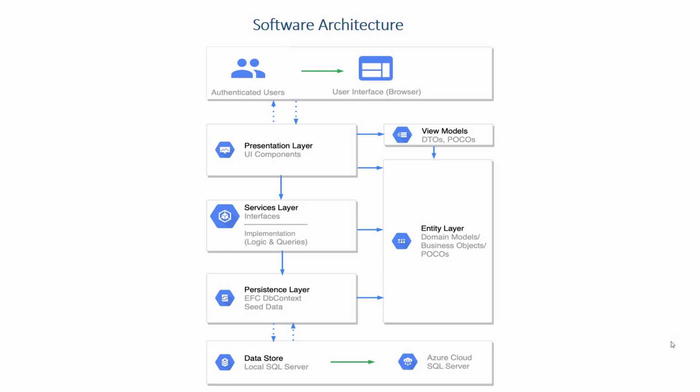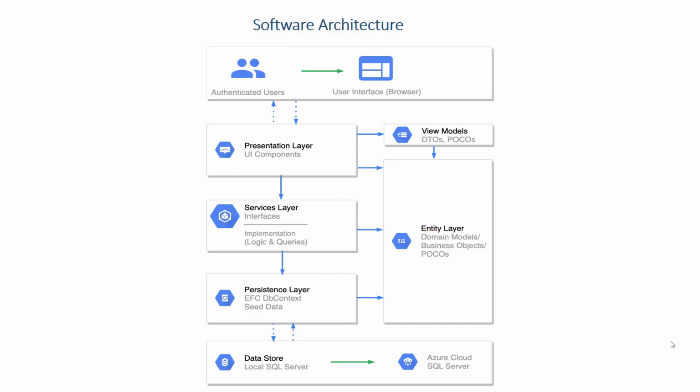Now you will also notice that we have these thick blue lines, and I use these thick blue lines to indicate our dependencies. So the presentation layer will take a dependency on the entity layer and the services layer. The services layer will in turn take a dependency on the entity layer and the persistence layer.